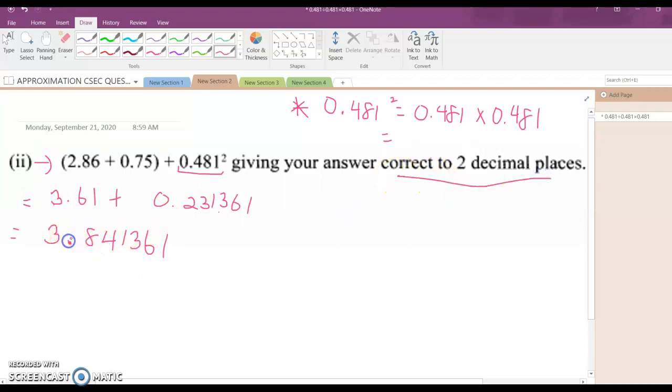Remember, decimal places start from right after the decimal point. So 8 is my first decimal place. 4 is my second decimal place. So you draw your line there. The number right after is less than 5, so we don't have to add anything. We just get 3.84, right? Now, let's look at our next question.